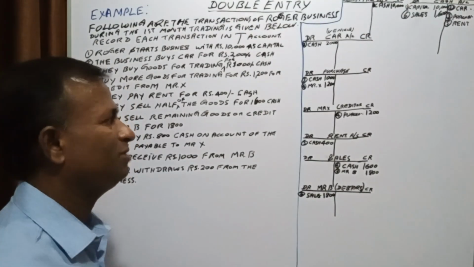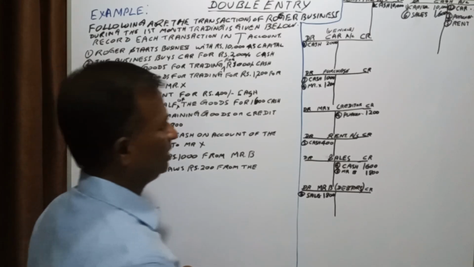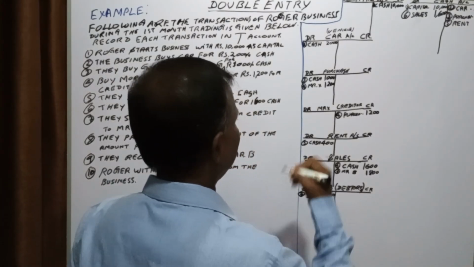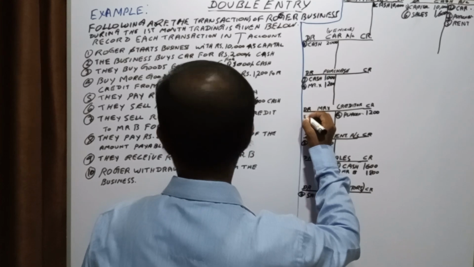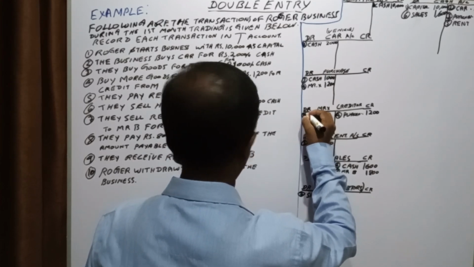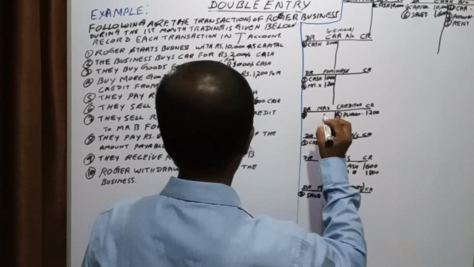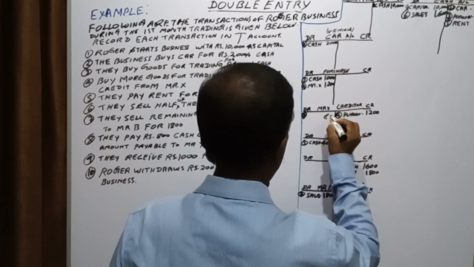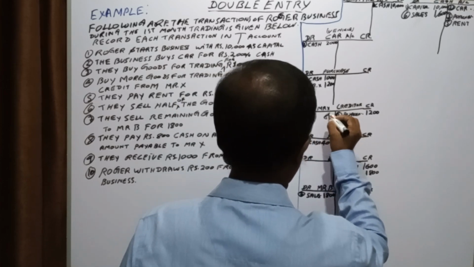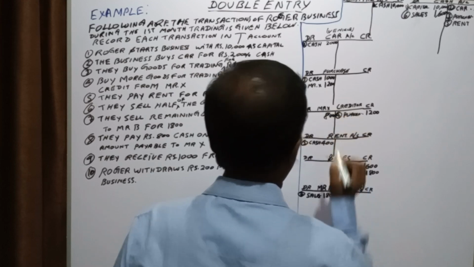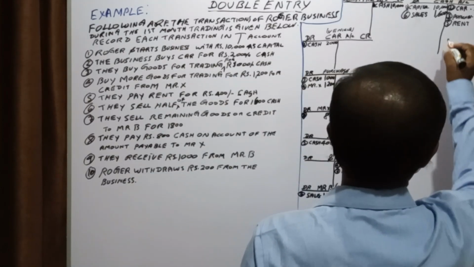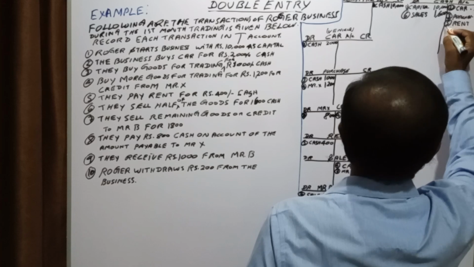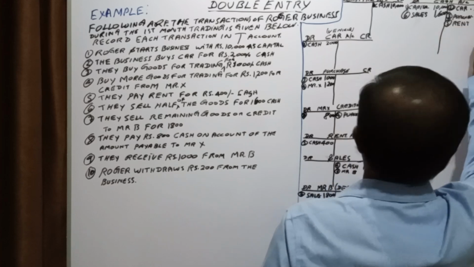We have to pass a debit entry, right? So X account, we will say 800 rupees. Here we are paying 800.